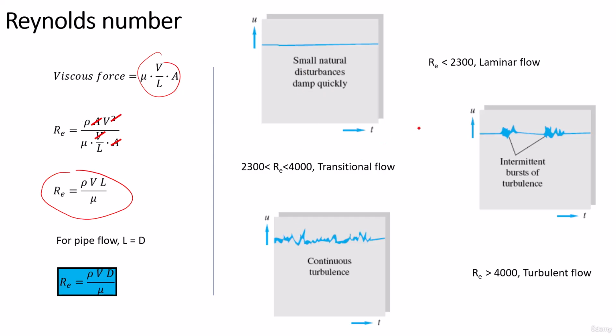Then we have some disturbances in different locations, and sometimes they continue, sometimes they are damped. So intermittent bursts of turbulence will be going here and there. If the disturbance is continuous, then we call the flow turbulent. So when the Reynolds number is more than 4000, the flow becomes turbulent for internal flows, and between 2300 and 4000, the flow is transitional.